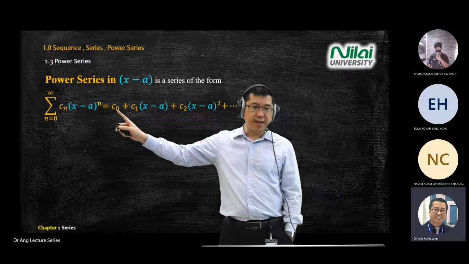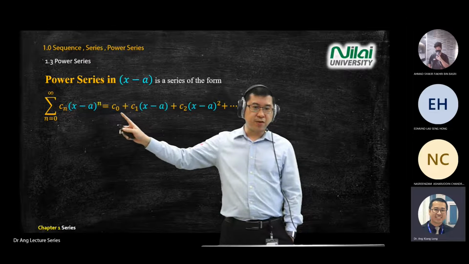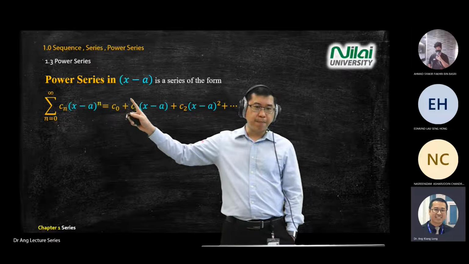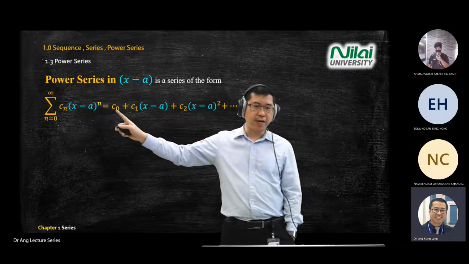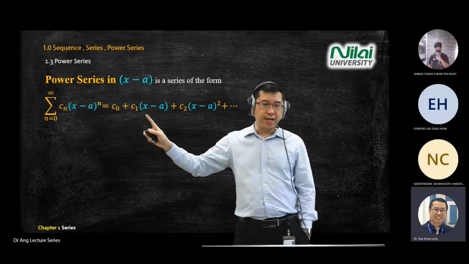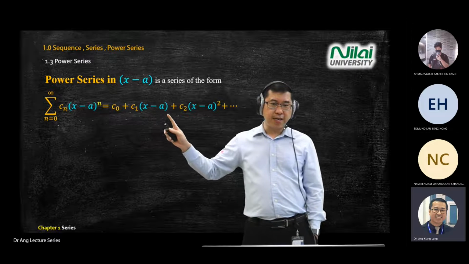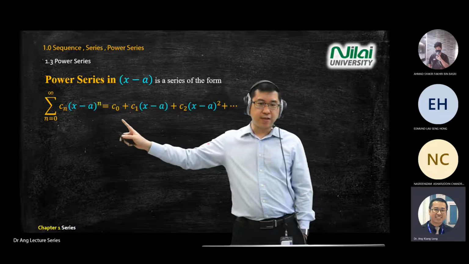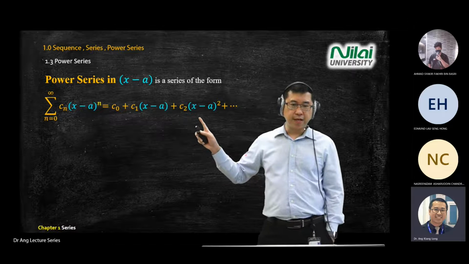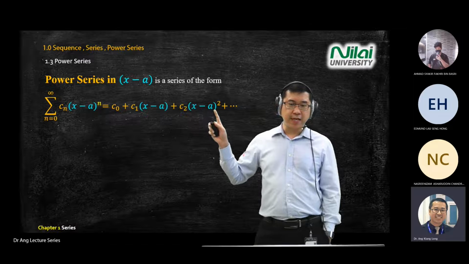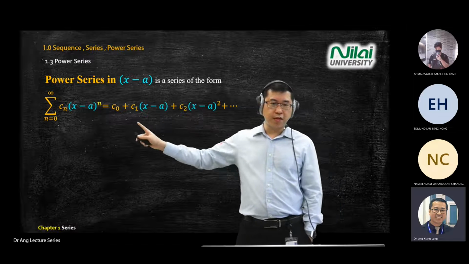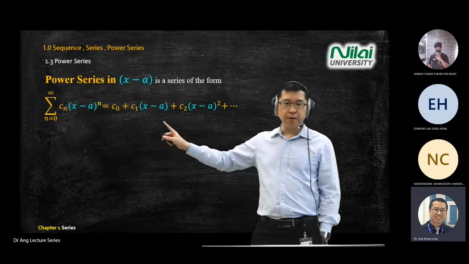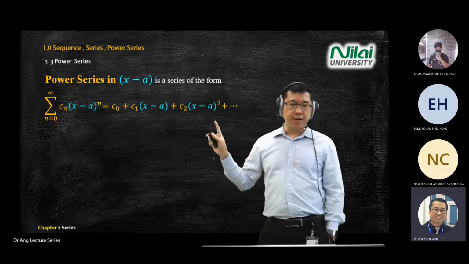Of course, you can write c0 times (x minus a) to the power 0, and you still get 1. Then (x minus a) power 1 times c1, then (x minus a) power 2 times c2, and so on. So this is the power series pattern.